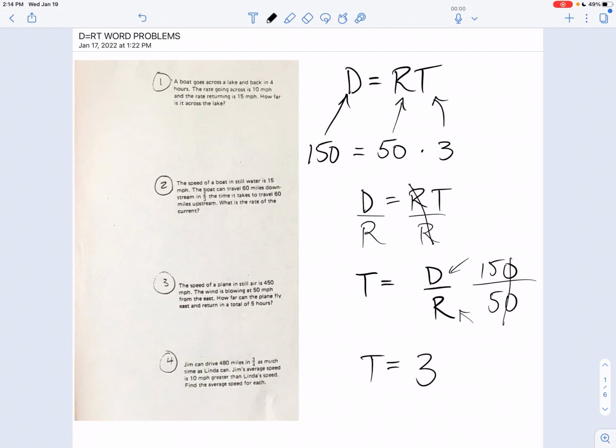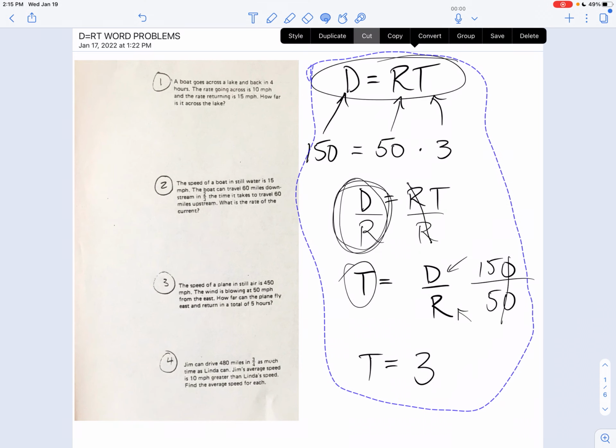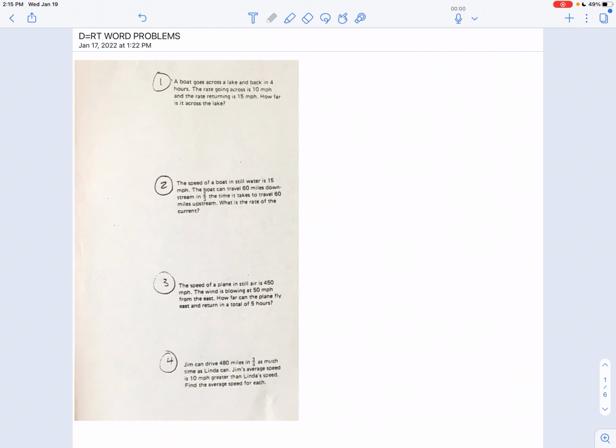So what we're going to be doing in these word problems is we're going to use the formula distance equals rate times time, but we're actually going to use it in the form distance divided by rate is equal to time. That's the underlying concept behind what we're going to do right now.